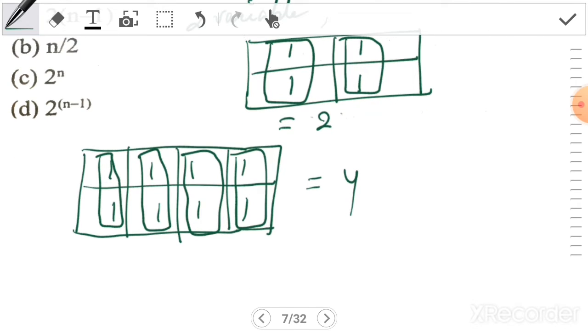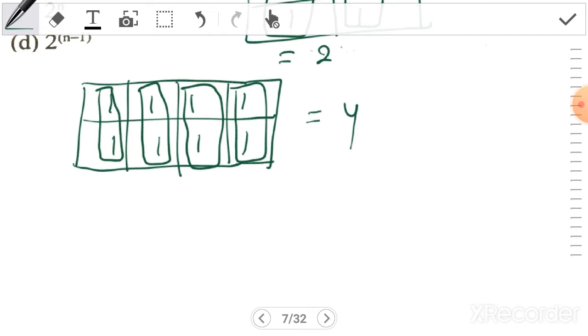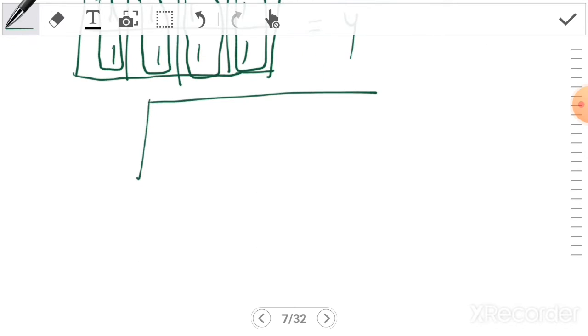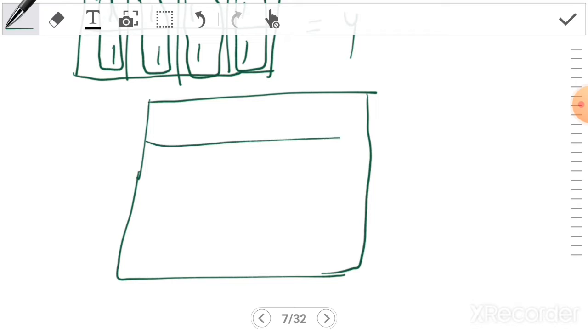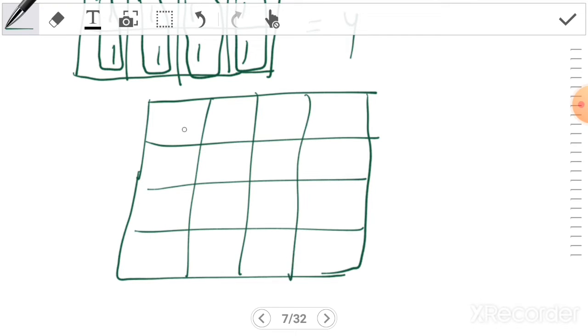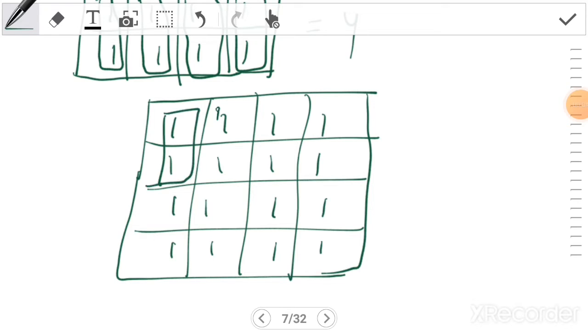See, the number of prime implicants is nothing but the number of product terms you are getting. So again, for a 4 variable K-map, if each cell has 1, start combining 2 adjacent cells.